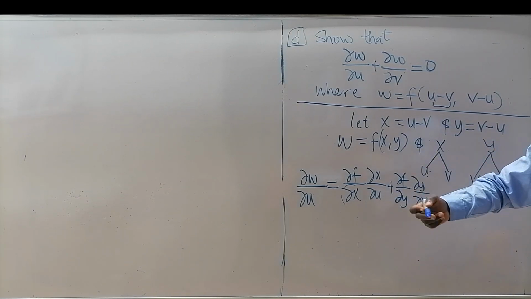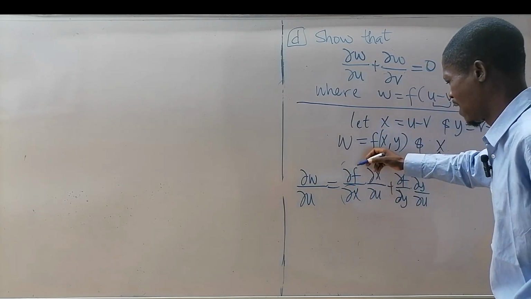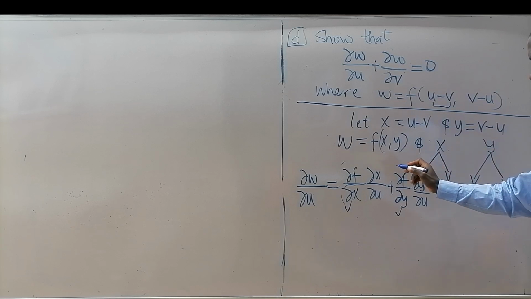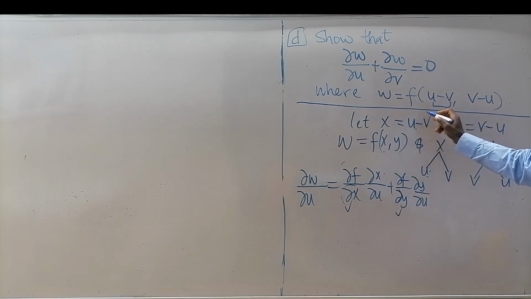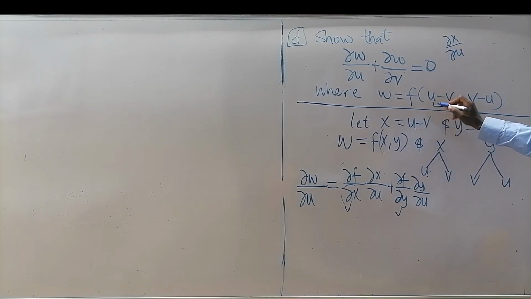Then after that, we now do del W del V. There's no value for del F del x and no value for del F del y, but there is a value for del x del U. If you differentiate x with respect to U, while keeping V constant, it's going to give you 1.